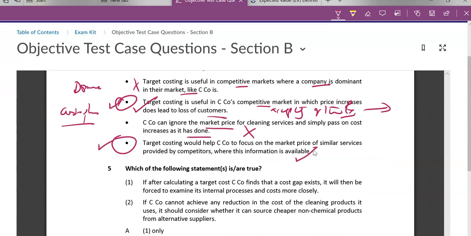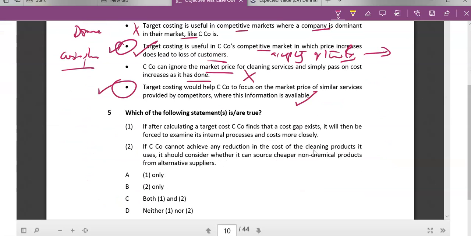And then if we look at the fifth one, which of the following statements is true? If after calculating target cost, you find there's a cost gap, it will then be forced to examine this. That just makes sense, right? Then you're looking at what's going on. How can we reduce these costs? And if you cannot achieve any reduction in the cost of the cleaning products it uses, you should consider whether you can source cheaper non-chemical products from alternative suppliers.